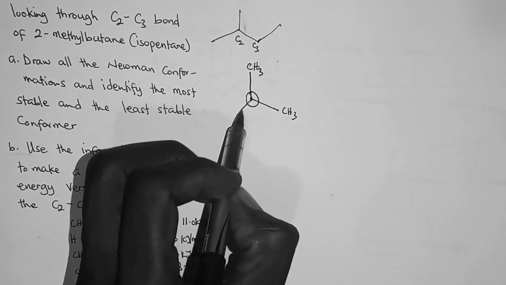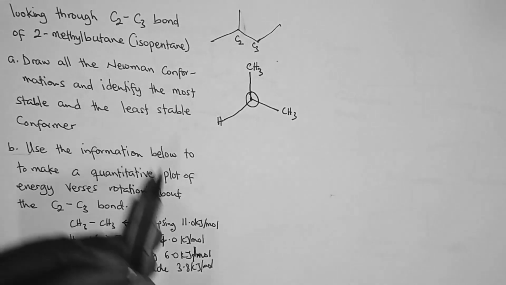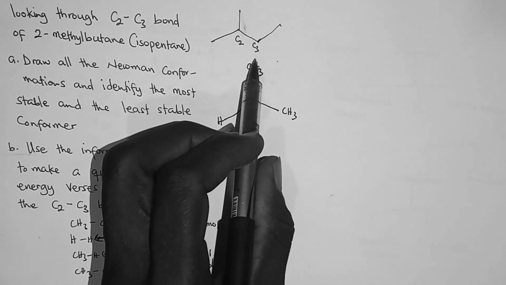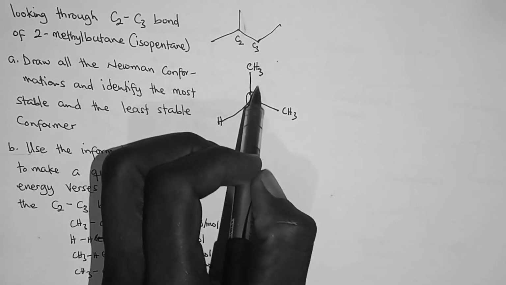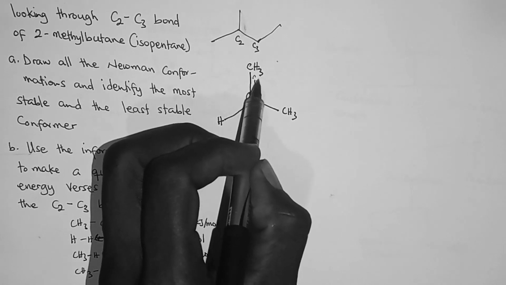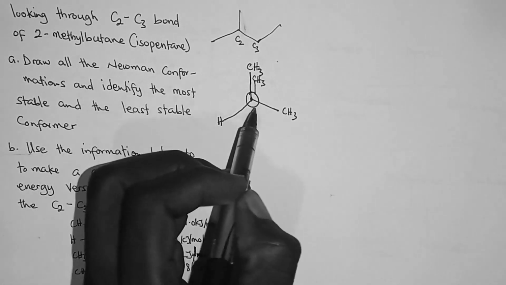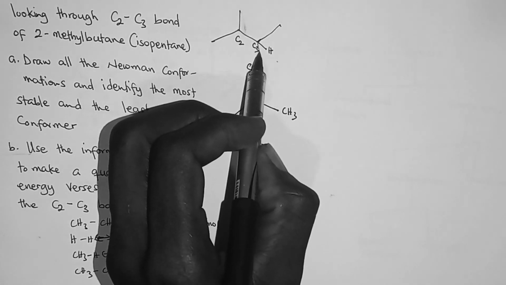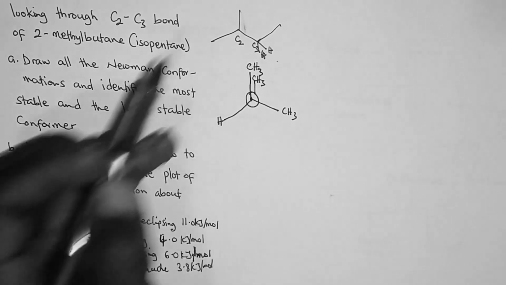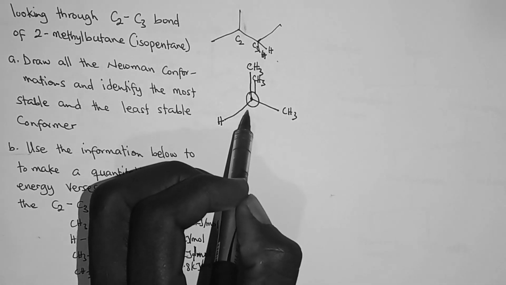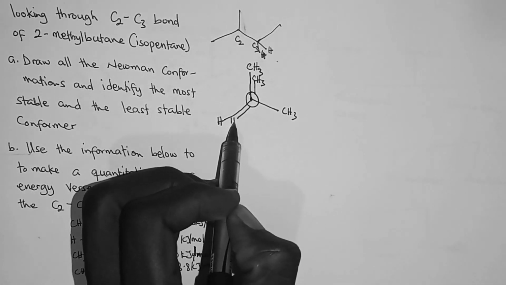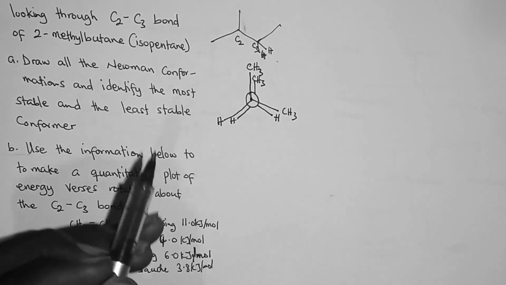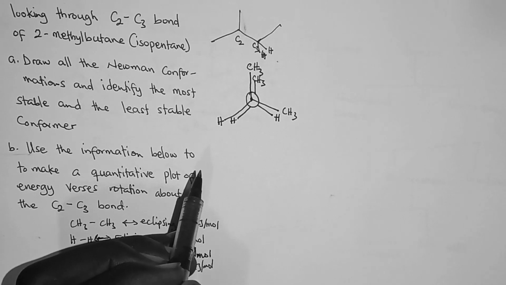And then we could put the proton here. Then for the carbon at the back, which is the C3, it is bonded to only one CH3. So we can put the CH3 here. And then it is bonded to 2 protons. You can see that the protons of that carbon have been shown. So we can put 1 proton here and then the other proton here. So this is the first conformer.